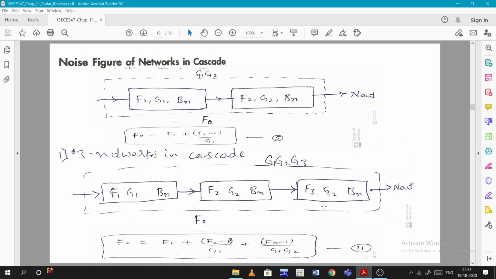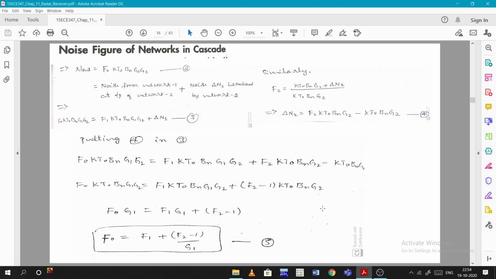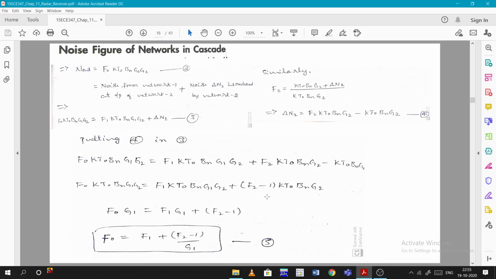When you observe the first equation, there is no need of G2, that means the gain of the second network. We are not using it in the formula. So without knowing the gain of the second network, we can find the total F0.